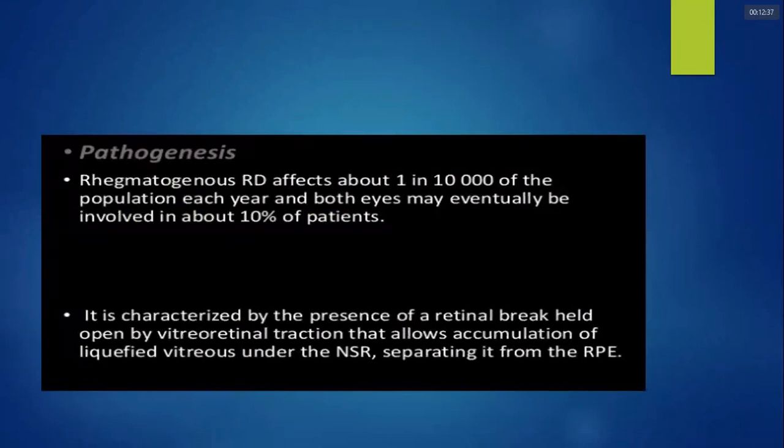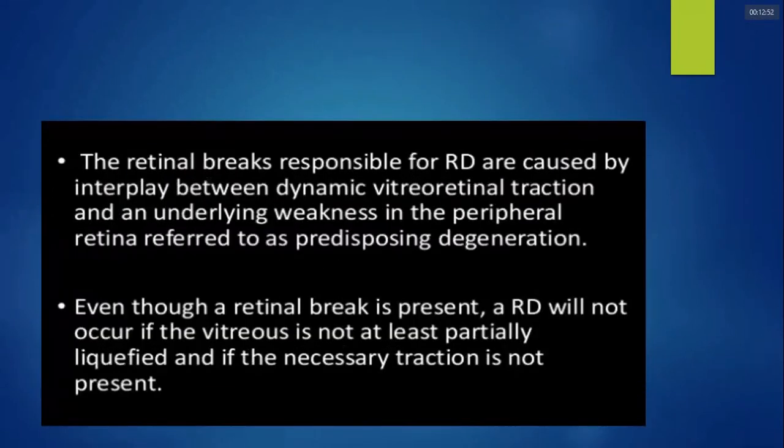So it is characterized by the presence of retinal breaks held open by the vitreoretinal traction that allows accumulation of liquefied vitreous under the neurosensory retina, which separates from the RPE. So retinal breaks responsible for RD are caused by the interplay between the dynamic vitreoretinal traction and underlying weakness in the peripheral retina, referred to as predisposing degenerations.